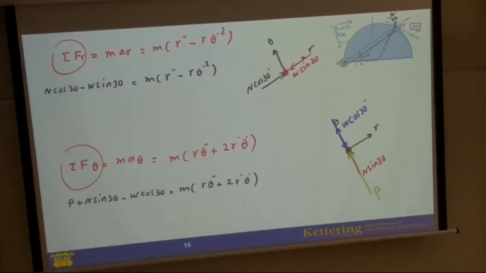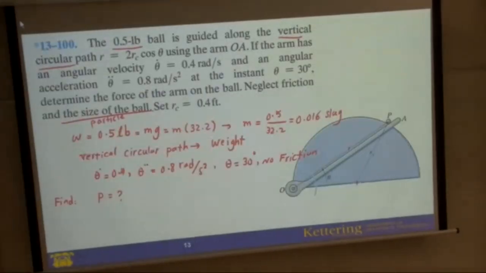Okay, move to the next slide. Then, R is 2RC cosine theta, or 2 multiplied by 0.4 cosine theta.